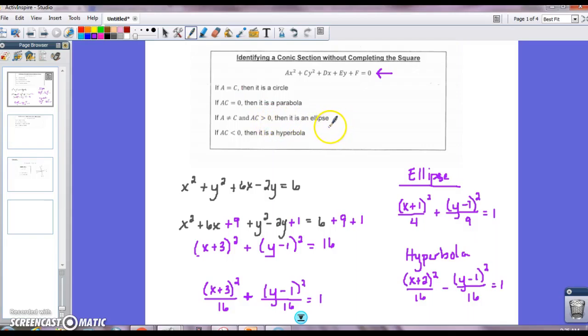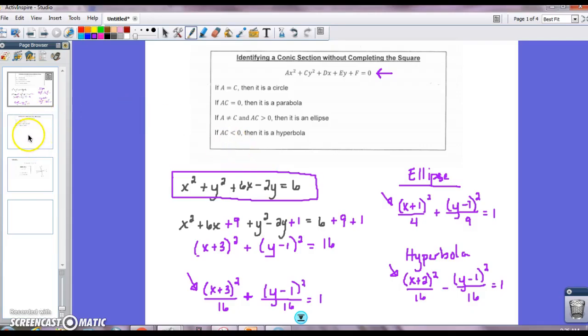Now let me be clear, you don't have to calculate any of these when your equation is in standard form. Right? This right here is standard form, this right here is standard form, this right here is standard form. This is general form, and we're talking about when your equation is in general form, we can use these calculations to determine what type of conic section it is. Okay? And if A times C is less than 0, then it is a hyperbola.